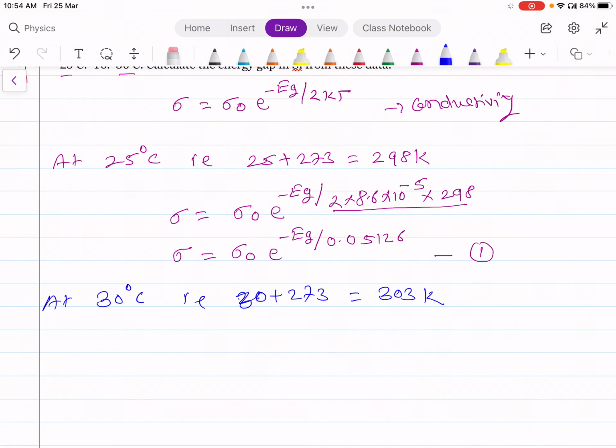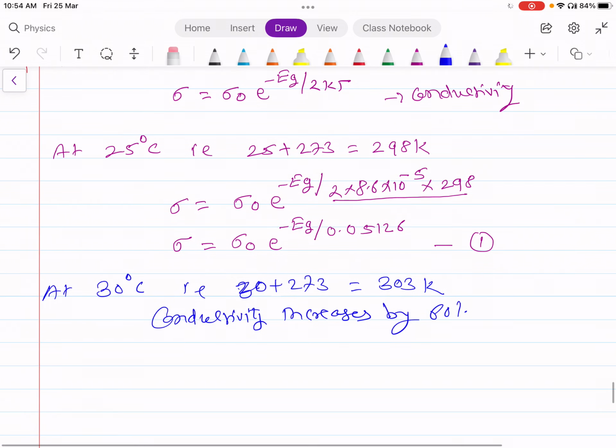And at this temperature, conductivity increases by 60%. That is, sigma becomes equal to 1.6 sigma.